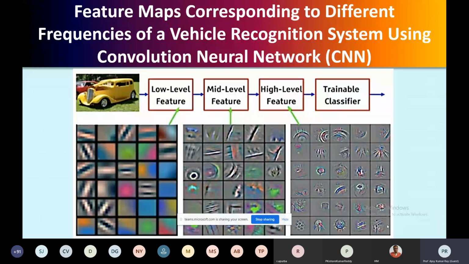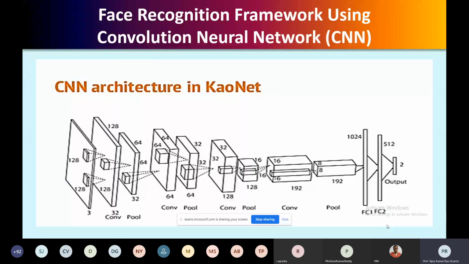As we said, when you design this convolutional neural network in many layers, not one, not two, but many layers, in the first layer you find the low-level features, in the second layer slightly mid-level features, and in the third layer high-level features. There is FaceNet for face recognition, and there is ConvNet. They are useful for this kind of recognition.